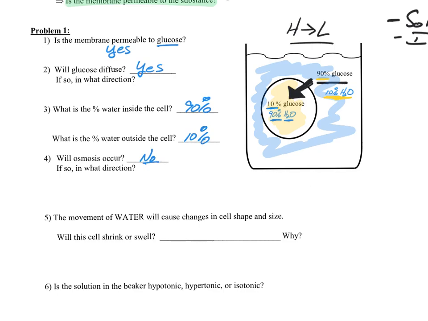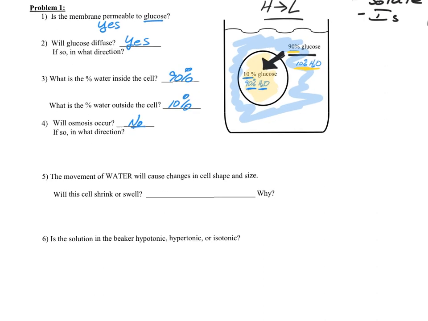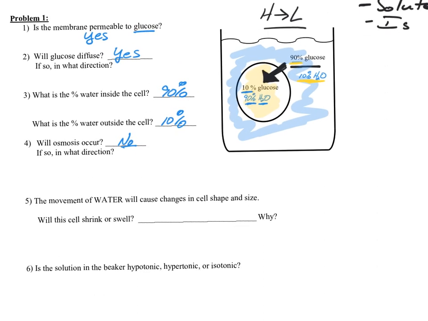There will be some movement of water, but in general, the glucose will find an equal state. And remember, what does that mean? That means that this 90 is going to come down, right? As glucose leaves outside, it goes inside. The 90% goes to 80%, goes to 70%, right? And the 10% is going to go up, right?